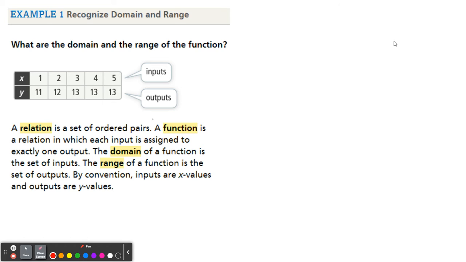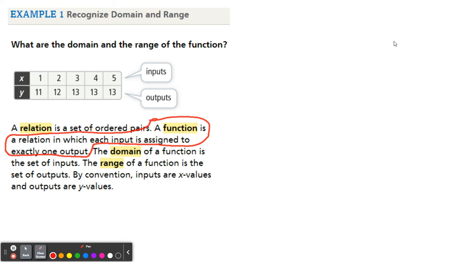A function is a relation in which each input is assigned to exactly one output. This is a huge deal. The domain and range are two sets of numbers within a function or a relation.